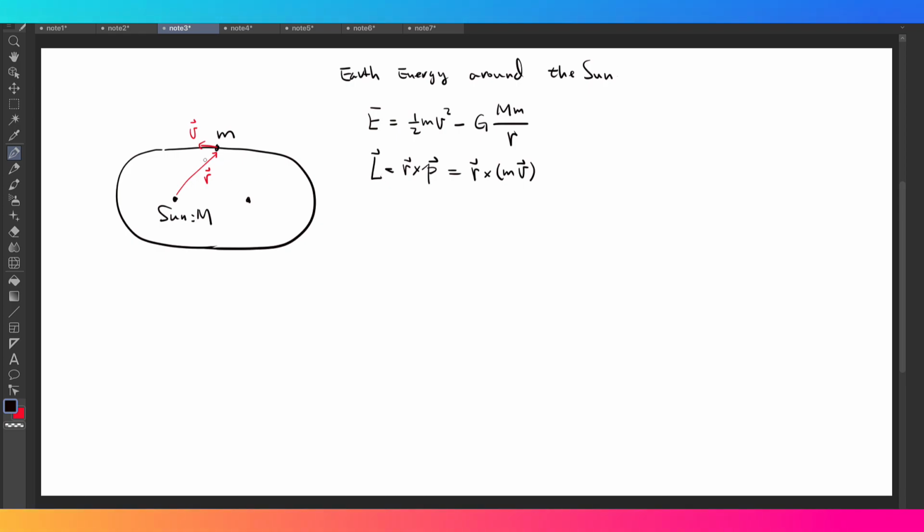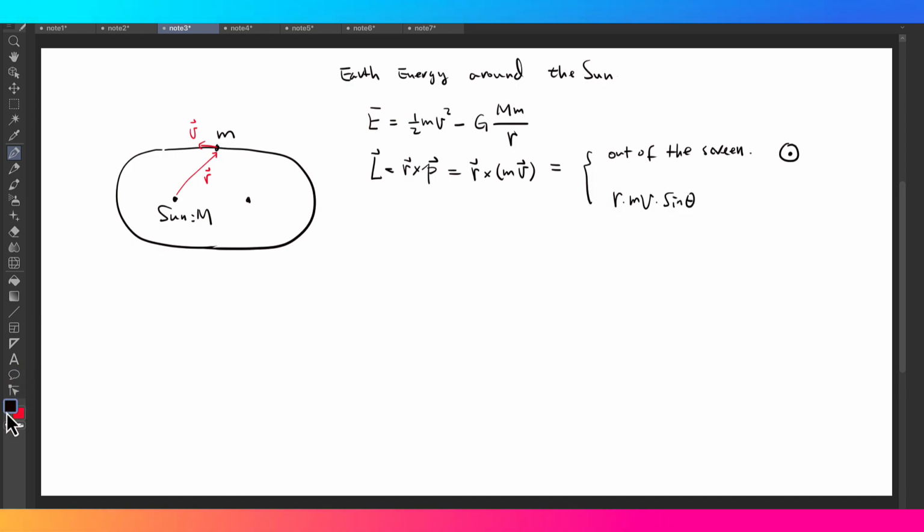If you look at this picture, r cross mv, the direction is out of the screen using the right hand rule, which is represented by this direction. Its magnitude is r m v sine theta.